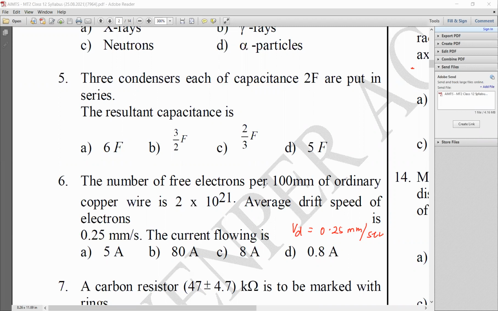Now n is given. Number of electrons per 100 millimeter of ordinary copper wire. So number of free electrons is given, 2 into 10 power 21. I want current. Current is what?